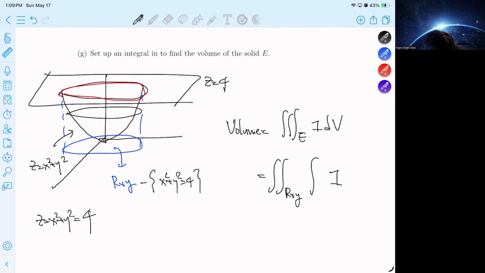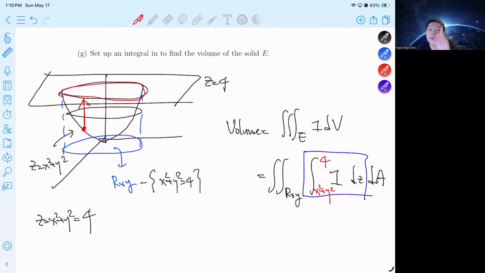So we need to find what is inside. If we want to integrate with z, we need to see where z goes from and to. In this case, z goes from x squared plus y squared up to 4.